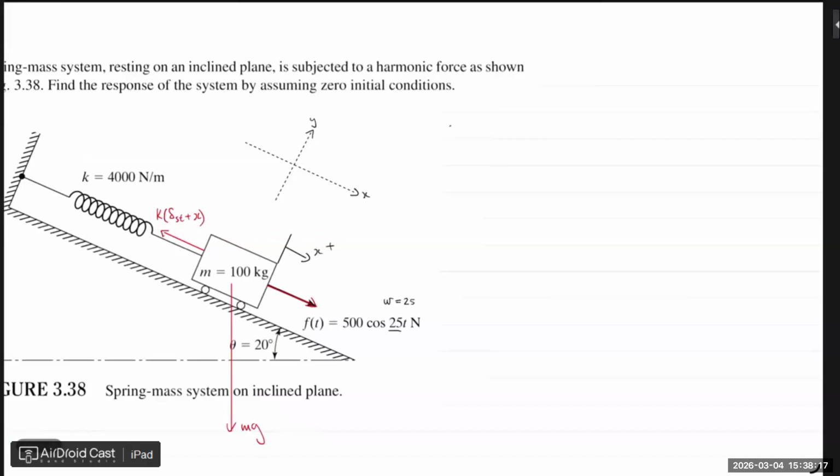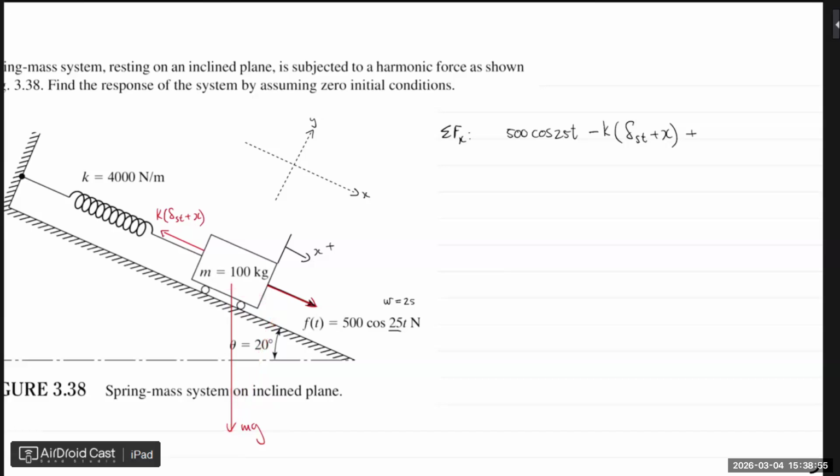So all the forces in the x direction, positive is downward, is then that 500 cos 25t minus that k(delta st plus x), and then also plus this component, this one's component in the x direction, which will be sin of this angle here, right?